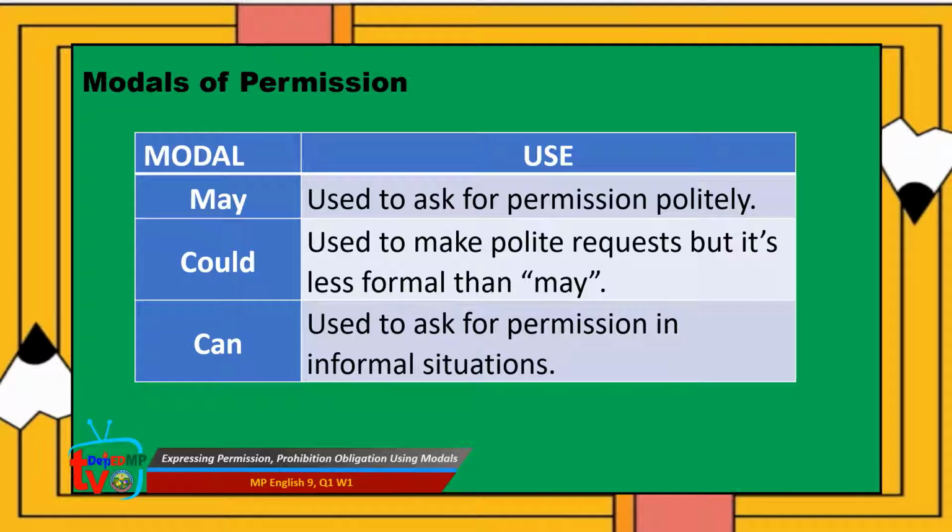So, if you want to ask permission from your employer, teacher, older people, or strangers, use the modal may. And to make a request in a polite manner, use the modal could. And lastly, when asking for permission from your friends, colleagues, and family members such as siblings and cousins, use the modal can.